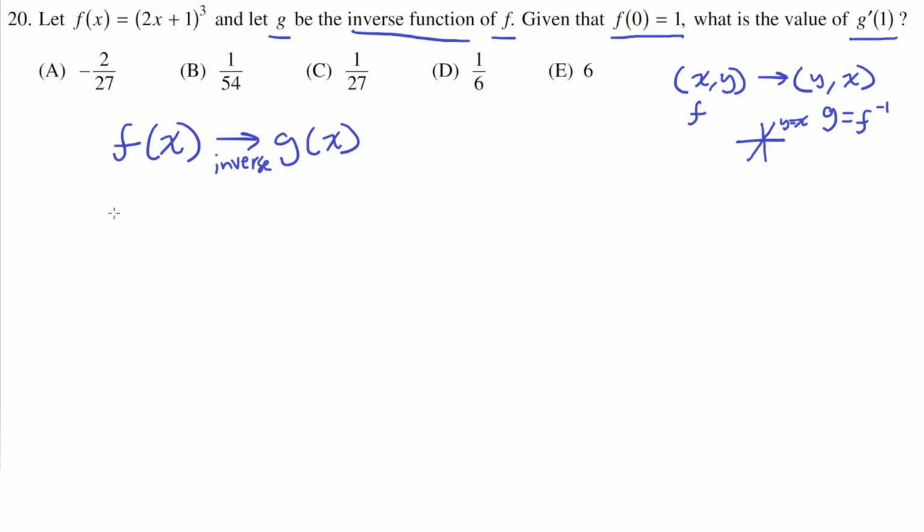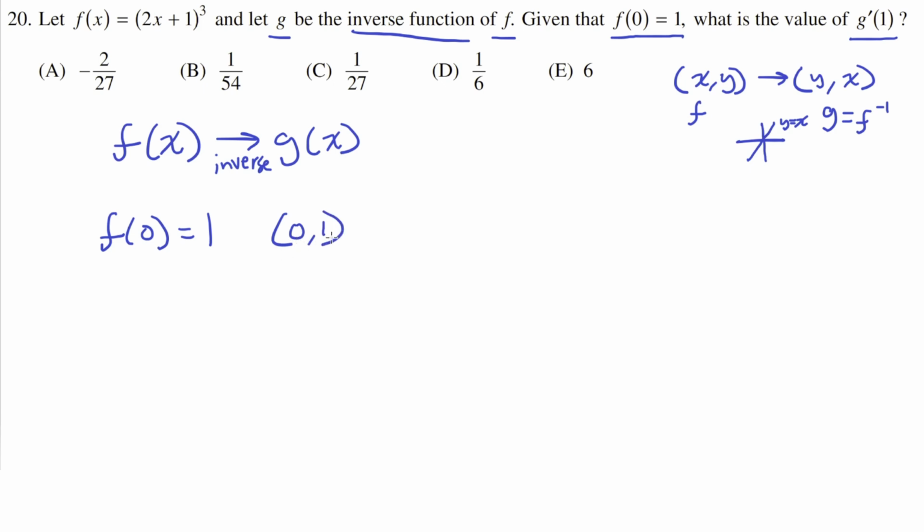So we're told that f of 0 equals 1, and that we need to find the value of g prime of 1, meaning the value of the derivative of the inverse function of f at an x value of 1. And we can do that using the information they gave us, that f of 0 equals 1. So on the graph of f, the coordinate of this point is (0, 1).